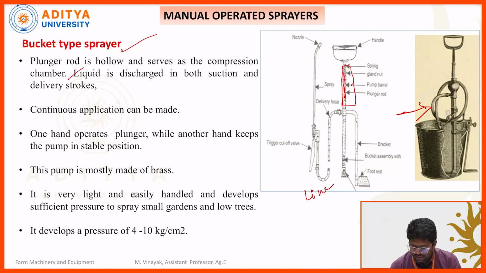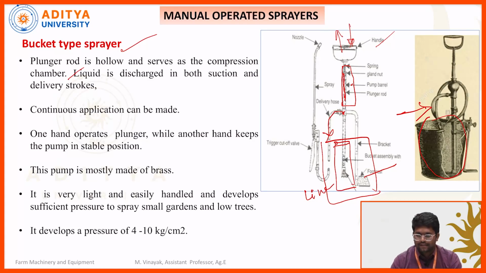By using this handle, we can compress as well as release. During compression as well as the delivery stroke, we can deliver the liquid from this chamber to this chamber, which is immersed into the bucket. Here this one is a bucket, and this one is a foot rest.